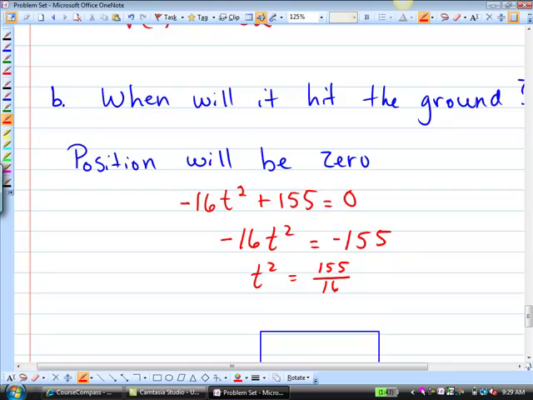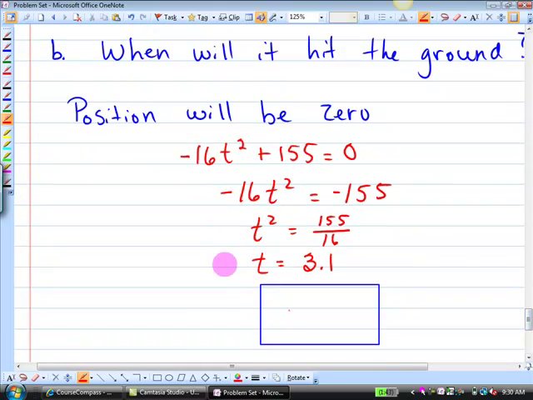This is where your calculator would be helpful. Because you're taking the square root of 155 over 16. And does the packet say round it to the 10th? Okay. So set it equal to 0 and solve for t, and you should get when it will hit the ground. So after 3.1 seconds, this thing is hitting the ground. That's not derivatives. That's just physics and algebra.